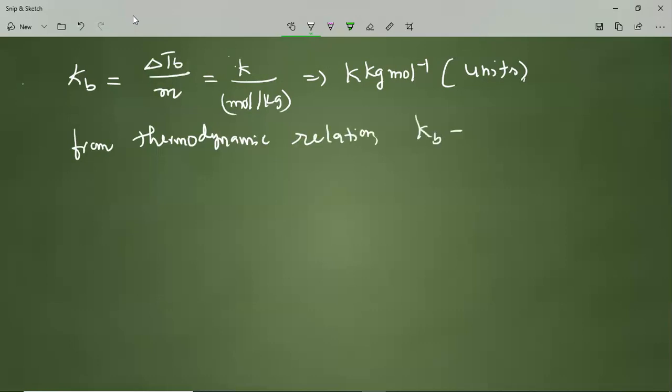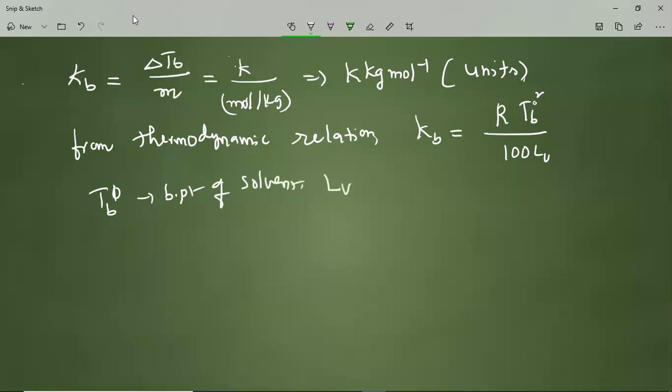Kb can also be obtained as Kb equals R times Tb squared divided by 1000 times Lv, where Lv is the latent heat of vaporization of the solvent, and Tb, which you can also write as Tb naught, is the boiling point of the solvent.